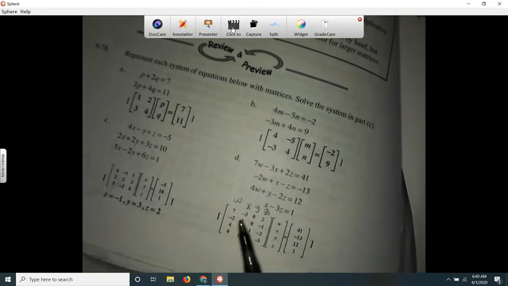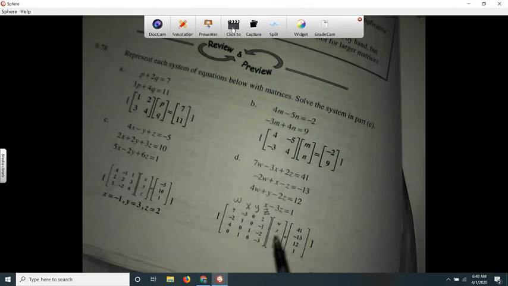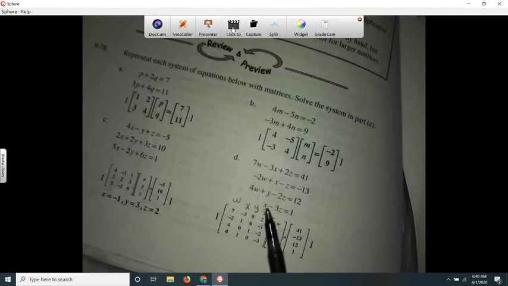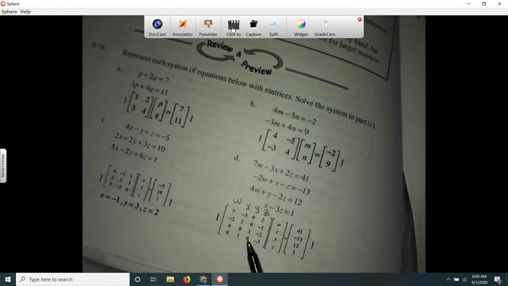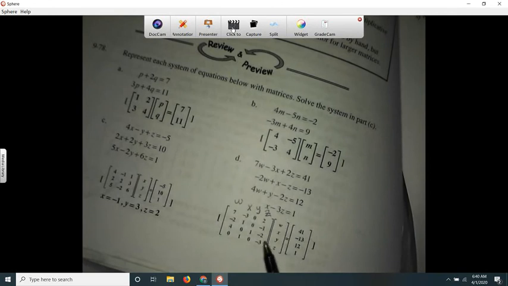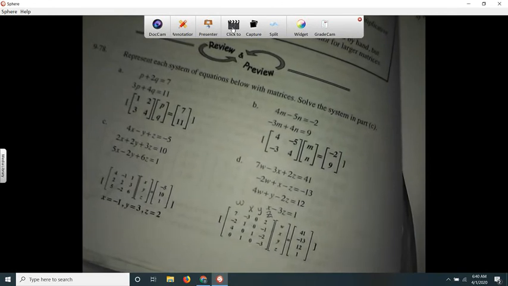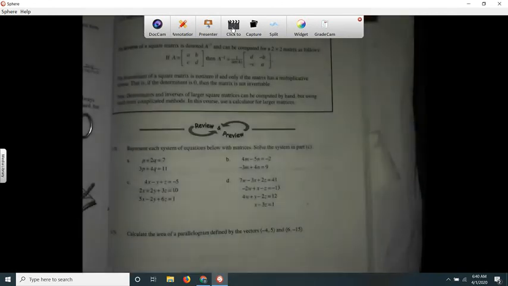Hopefully that makes some sense to you? Like this one down here, there's no W, so I got a 0, and then I got 1 for X. There's no Y, so I put a 0, and then -3 for Z. Okay, that was the long explanation of 9-7-8.